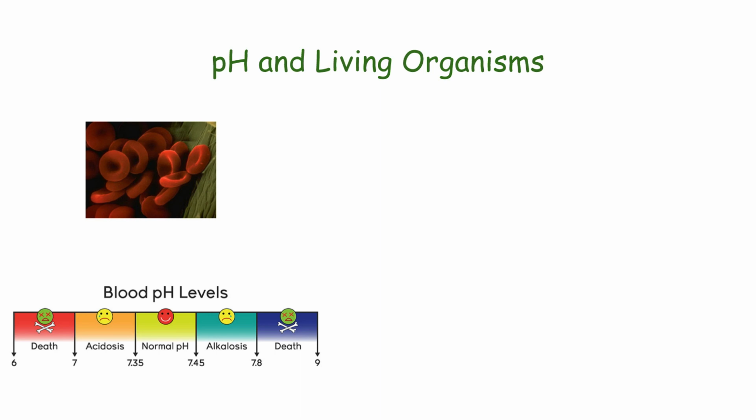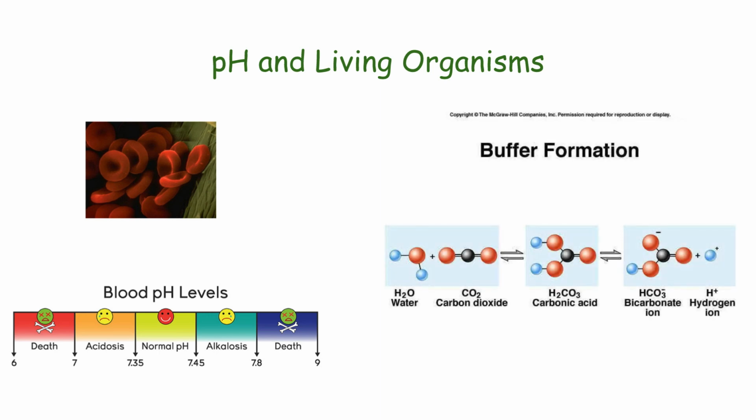Your body's constantly producing carbon dioxide, which is acidic, so your blood would naturally get more acidic the more exercise you do. Well, within our blood, we have something called buffers. Buffers help balance out that pH and maintain a constant pH level. In your blood, you have a buffering system consisting of carbonic acid and bicarbonate.